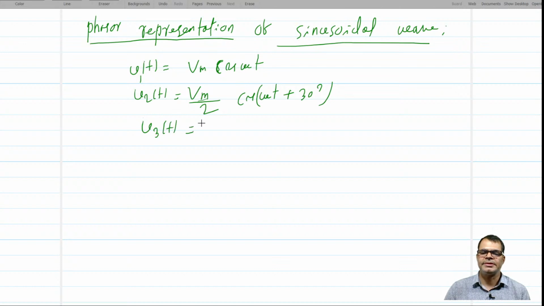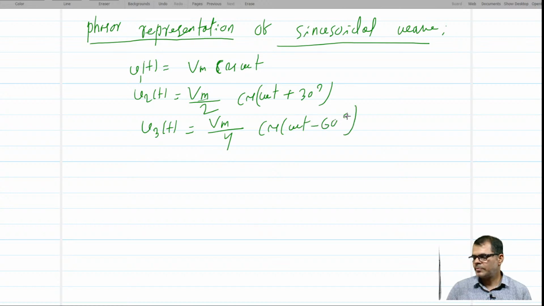V3(t) is equal to, let's say, Vm upon 4 cos(omega t minus 60 degree). Okay, I want to represent these in the phasor notations.